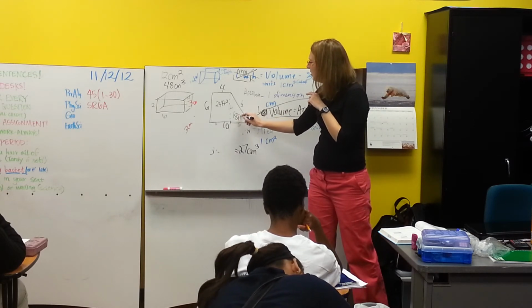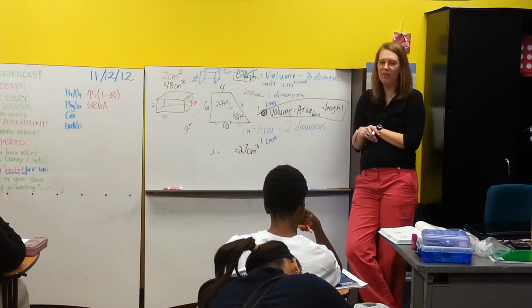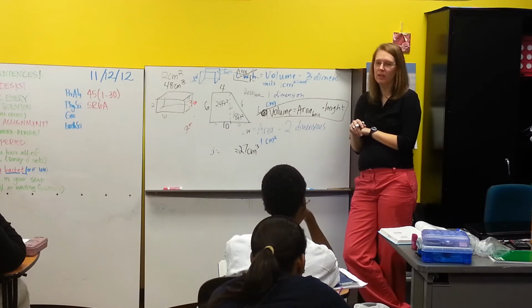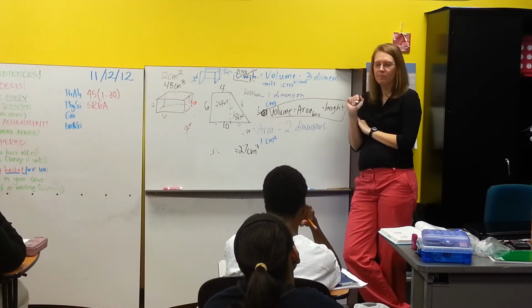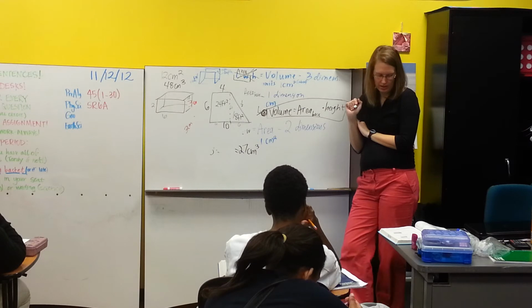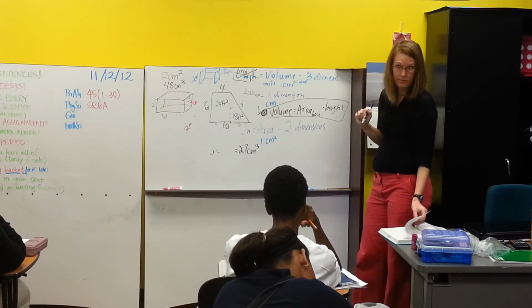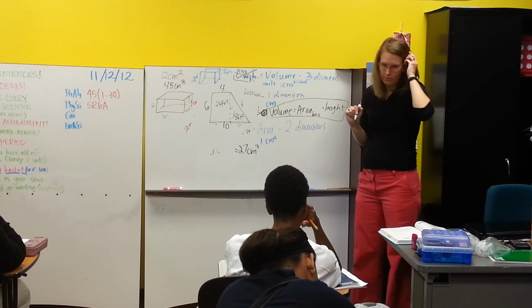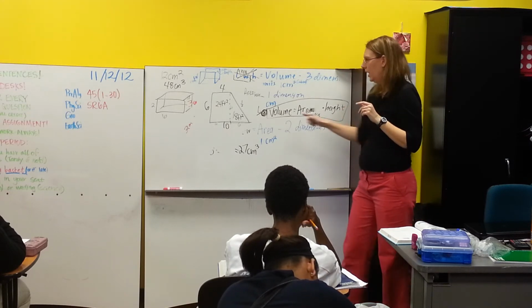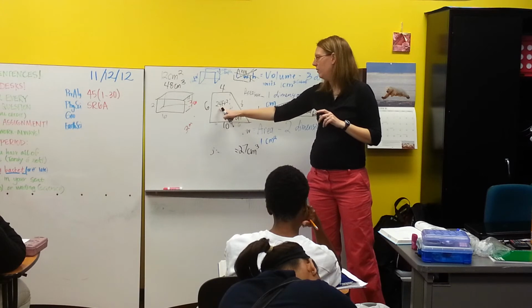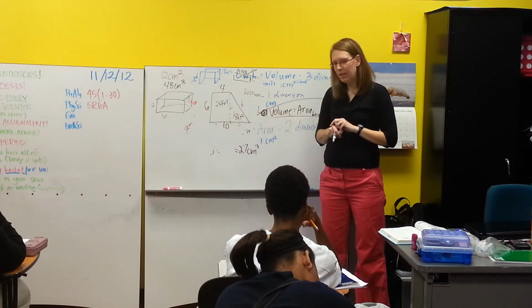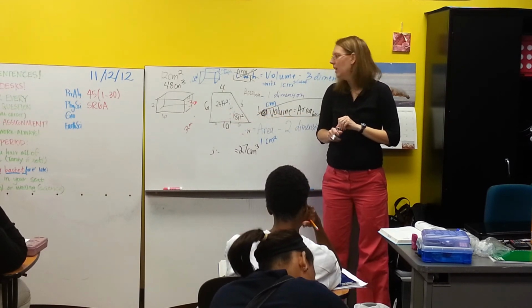So Damon, what is the total area of my base? Eyes up here, please. If I know that the rectangle is 24 feet squared, and I know that my triangle is 18 feet squared, what's the total area of my base?